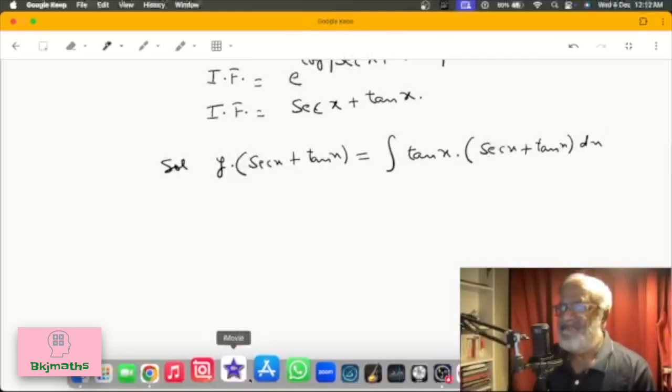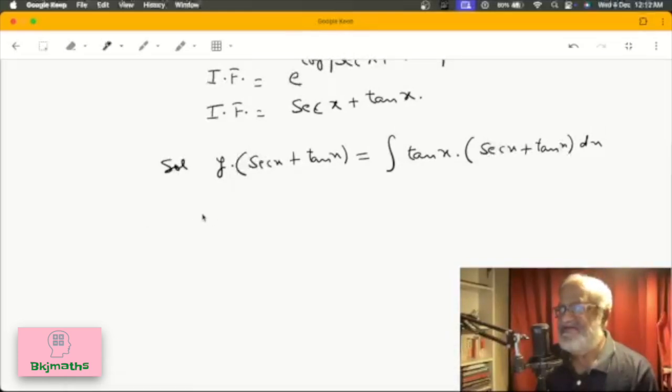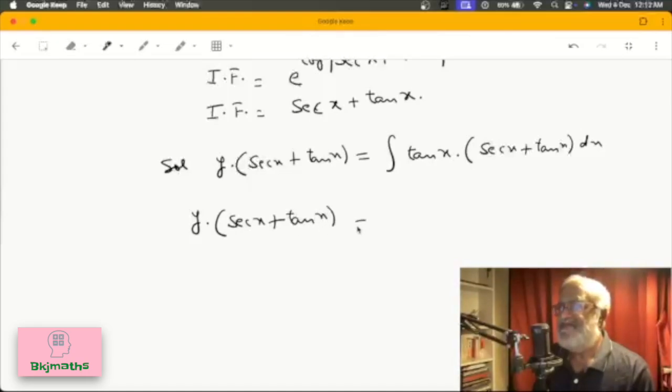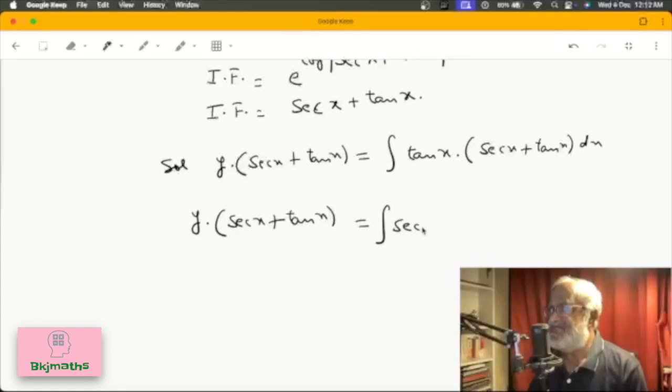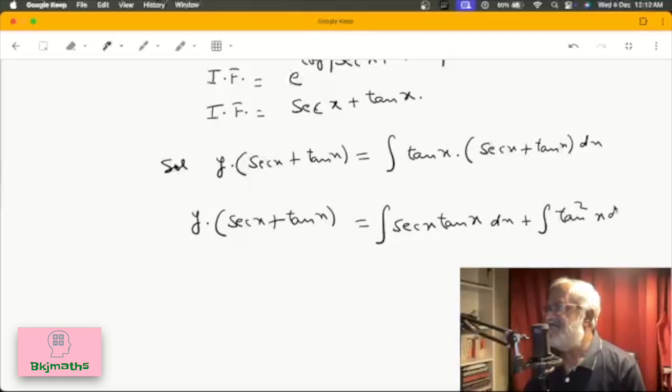So y into sec x plus tan x equals to, now multiply tan x into the bracket, so integration of sec x tan x dx plus integration of tan square x dx.